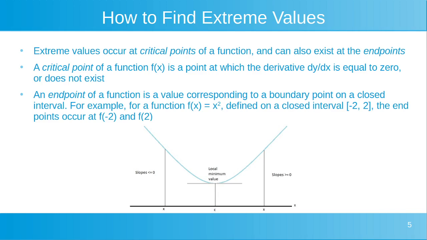And if we were to find a critical point in this chart, that would correspond to the point where x is equal to c at the trough, or the bottom of the valley, of that graphed function.